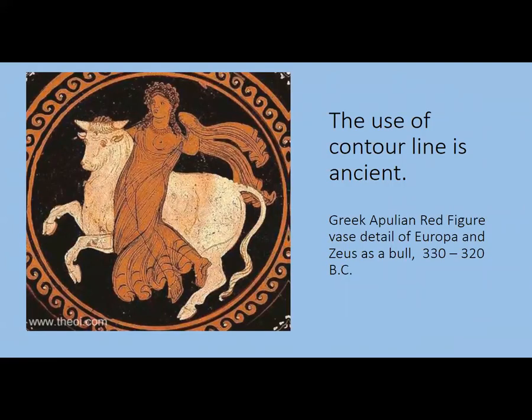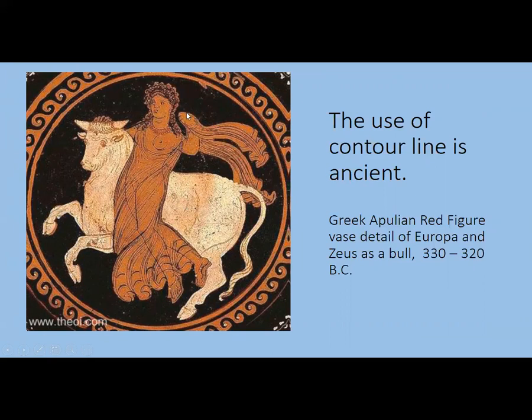So the use of contour line is really ancient. You can look at almost 2,300, 2,400-year-old Greek vases and platters and stuff like that, and they'll have figures on them that have these contour lines.